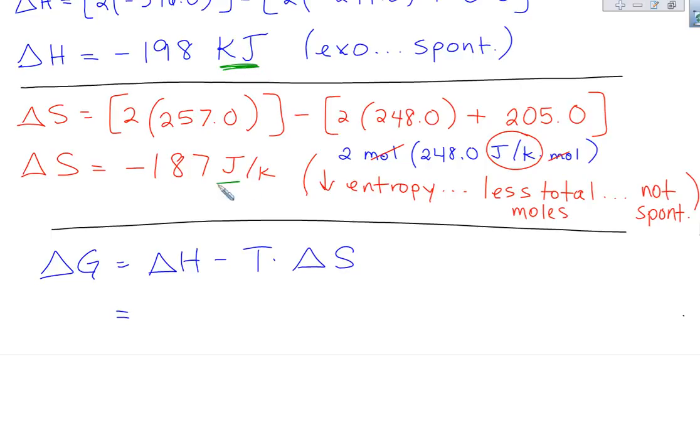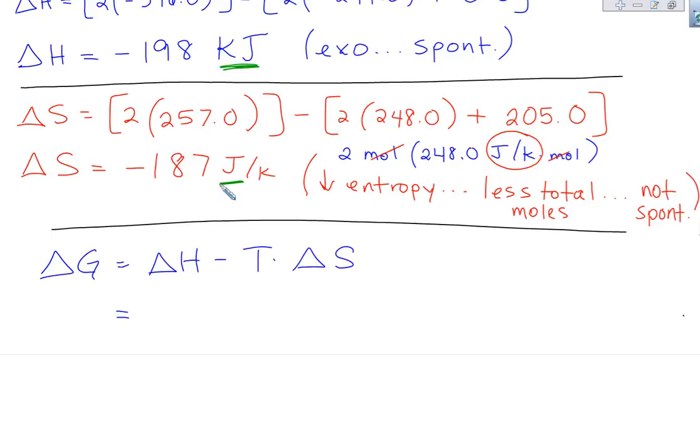Kilojoules, joules. Be really careful with those units. I don't care which one you use, and they're not going to care on the AP test unless by chance they specify, like, calculate delta H in units of kilojoules. But they do need to be the same. So you either got to put both of them in joules or both of them in kilojoules.